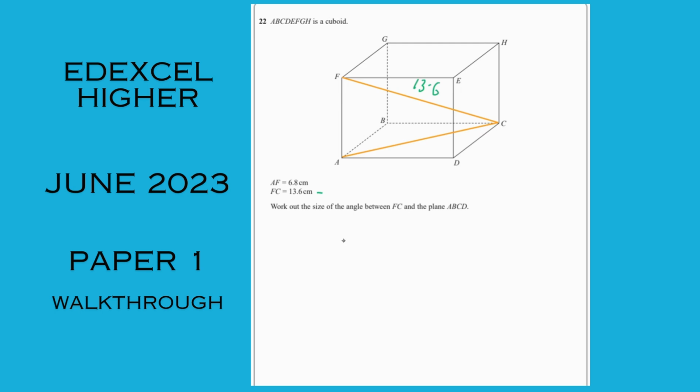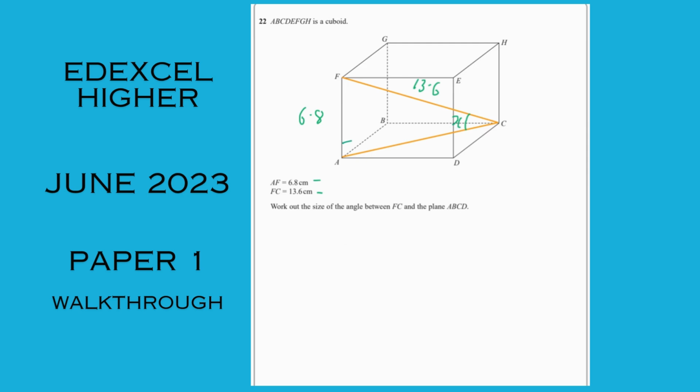I've marked on A to C, so we can see that the angle we want is there, and the 6.8 is here. Now, before I carry on, the thing to spot in this question, please notice the 6.8 doubles to give 13.6. They're double and half. So let's see what happens.